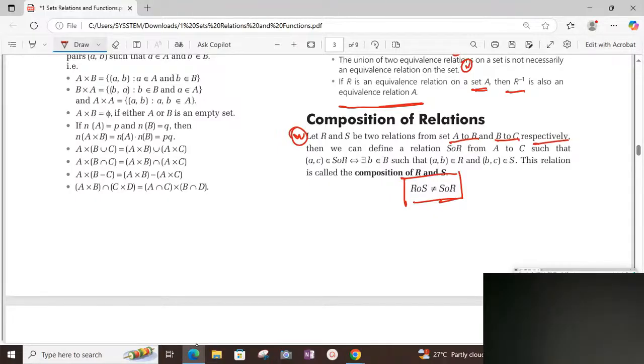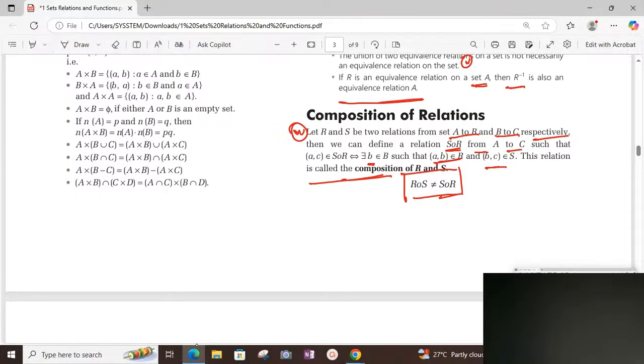Then we can define a relation from A to C such that (a, c) is an element of the composition of S and R, and there exists b in B such that (a, b) is an element of R and (b, c) is an element of S. This relation is called the composition of R and S. Observe, there is no problem to understand up to this step.